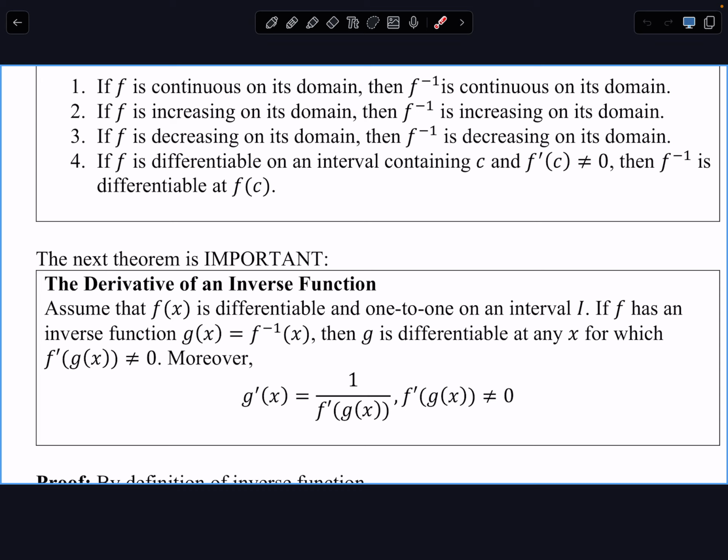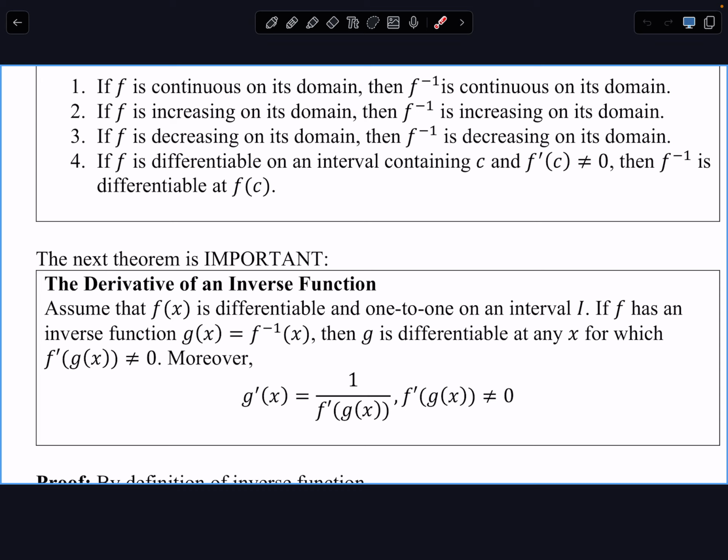If f has an inverse function, which we'll call g of x, we're not going to use f inverse because we're also talking about derivatives, a lot of notation going on, right? So you're usually given the function g is the inverse of f. Then g is differentiable at any x for which f prime of g of x is not equal to 0.